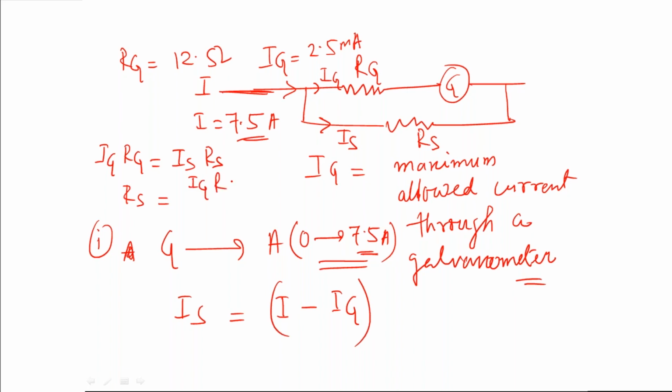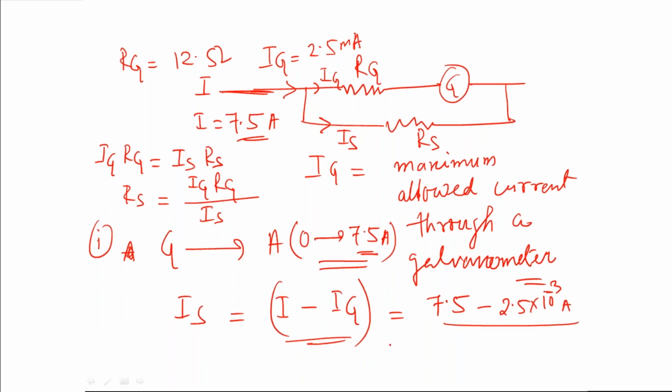So RS means Ig RG, both of which are given, and Is I can find from there. What is Is? This is your 7.5 ampere, and Ig is 2.5 into 10 to the minus 3 ampere.